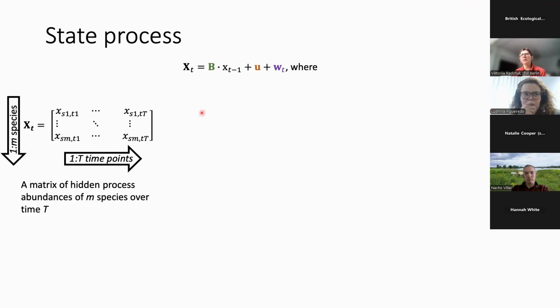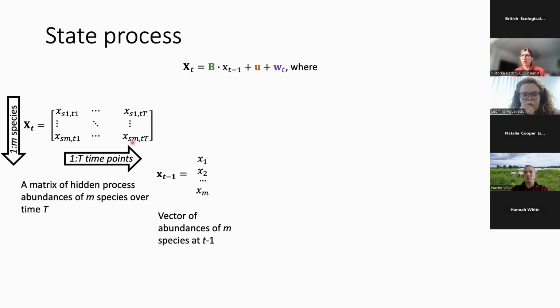Now, a bit more in detail about the hidden state process. So on the left-hand side, our X_t is a matrix of hidden process abundances of M species in rows over time t that are in columns. So the first column describes the abundances at time t for all our M species.